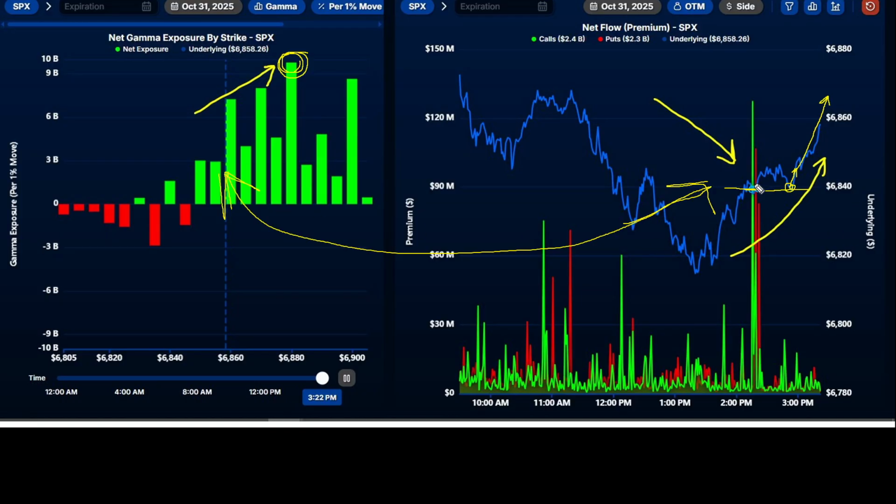Maybe this was a hedge, maybe this was a directional position. But remember that the option market is mostly for hedging, not for directional positions. Remember that in the option market, they trade volatility. They don't trade directionally.